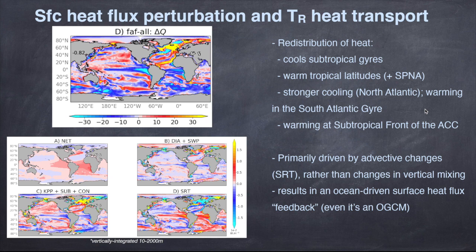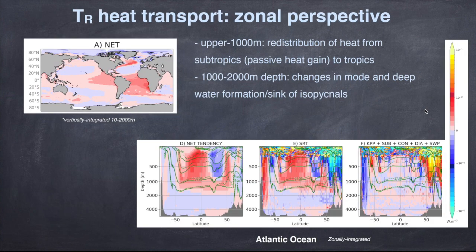Even though this is an ocean only model, it has this redistribution feedback effect. And looking at the zonal perspective, it's also clear that the net tendency of the redistributed heat storage is much dominated by the super-residual transport, and vertical mixing processes have only a minor contribution.